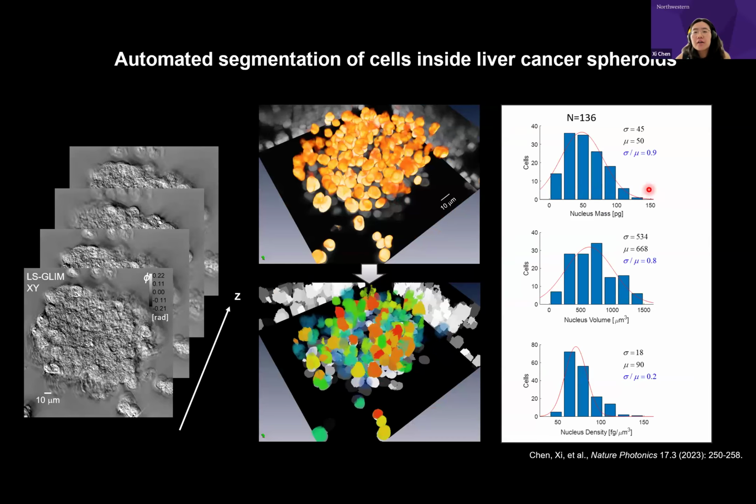We further developed automatic segmentation of the cells inside the spheroids. We can segment those cells, count them, and look at their distribution in terms of dry mass, volume, and the volume and dry mass of different compartments in the cells of interest.